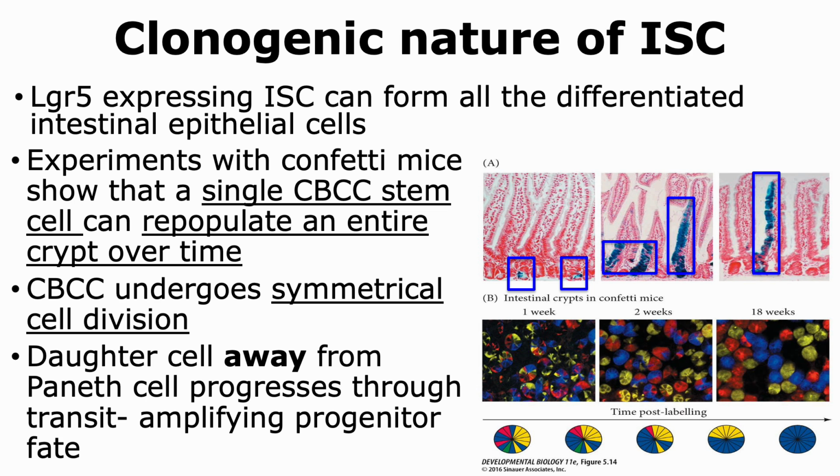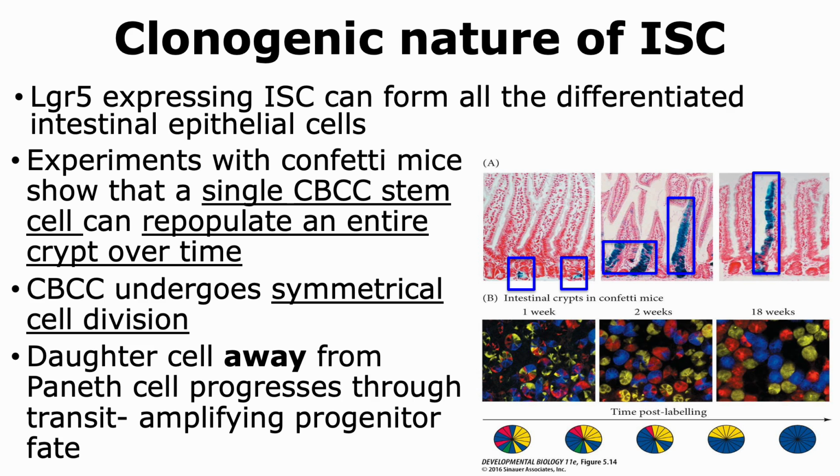The daughter cell that is away from the parent cell progresses through the transit amplifying progenitor fate. So in other words, when the CBCC undergoes cell division, the cell that is closer to the parent cell retains stem cell properties, whereas the daughter cell that is away from the parent cell starts becoming a transit amplifying progenitor cell and will move on to further parts of differentiation.